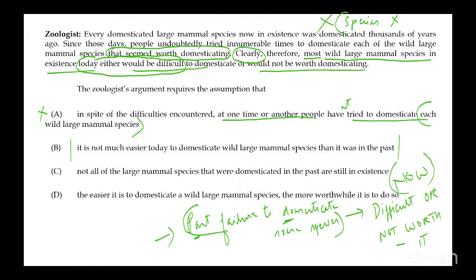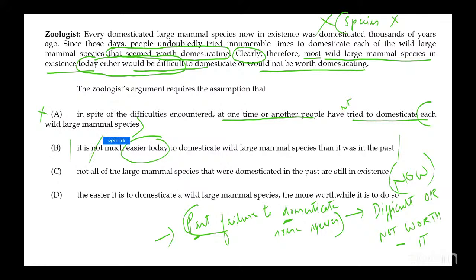And therefore, I'm concluding that now they are either difficult or not worth it, right? So the assumption there is it is not much easier today, because if it is, then I can't make the conclusion about the present. So to understand this option better, I'll just deny this.